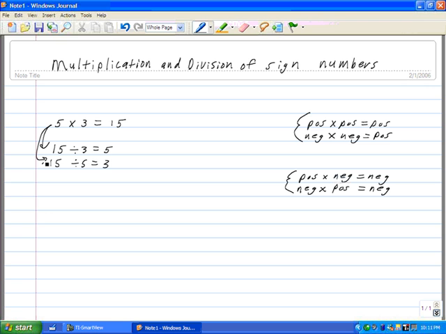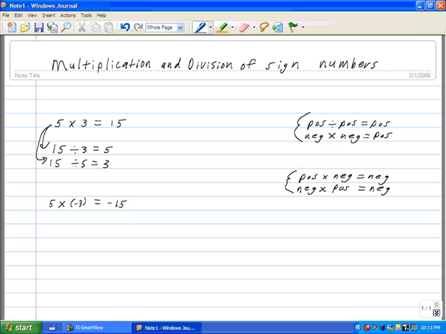So what we've already seen with this first example is that our first multiplication rule can be turned into our first division rule. Alright, and let's see if we can do something like that again. Let's take a 5 times a negative 3. We already know that gives us a negative 15.